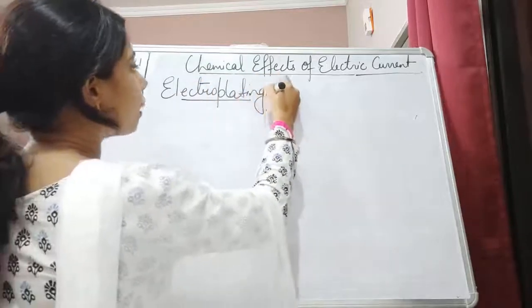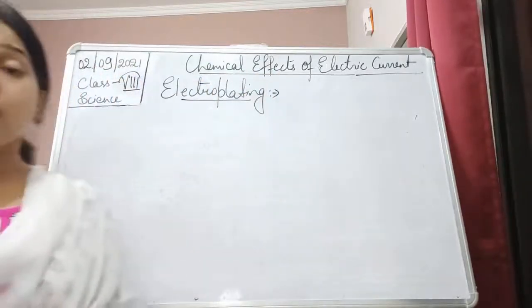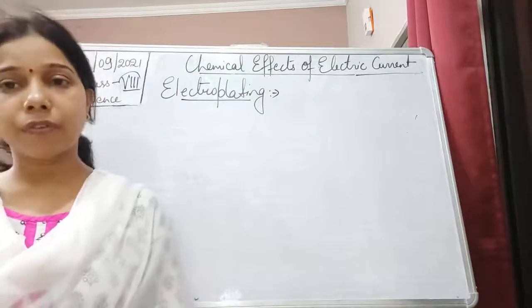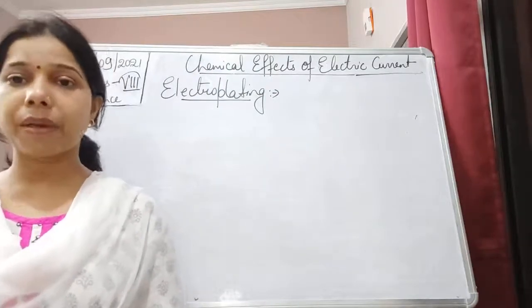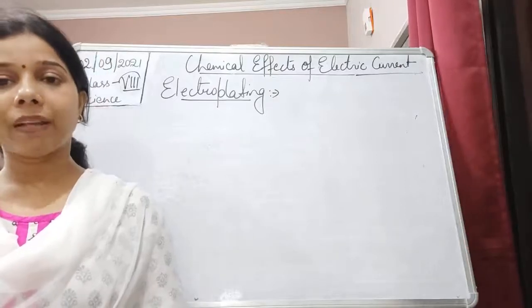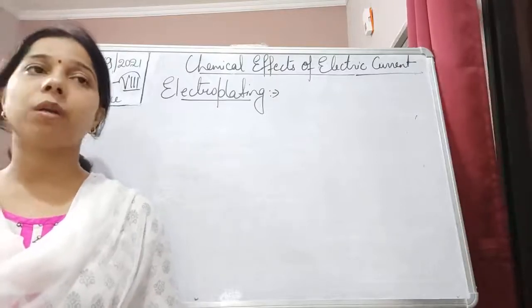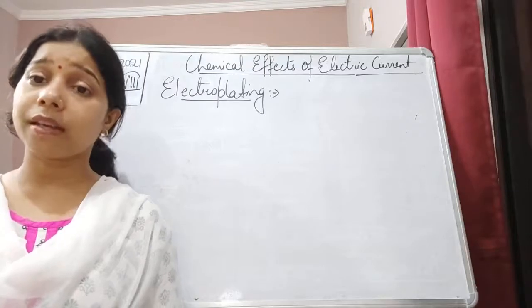What is electroplating, students? The process of coating a thin layer of a metal on the surface of another metal object is called electroplating.